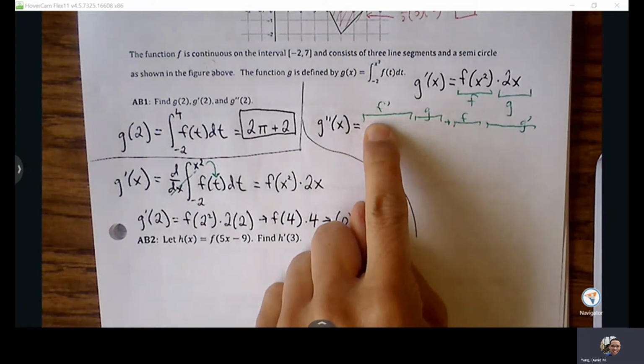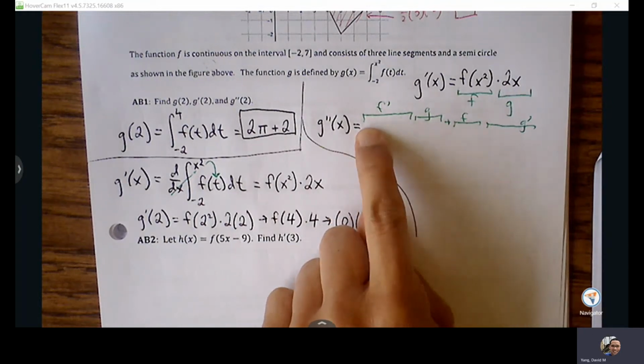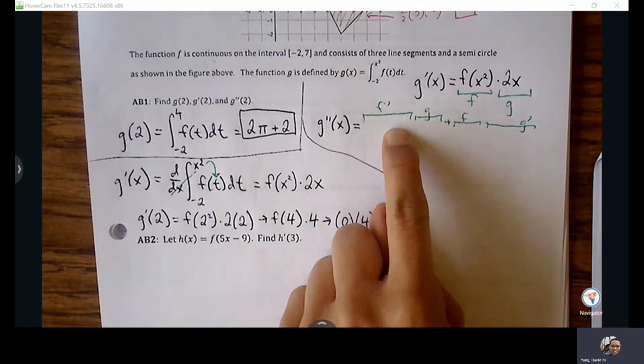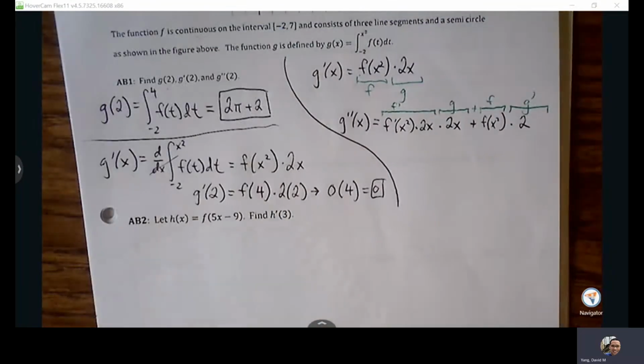Outside's derivative times inside's derivative, f prime of x squared times 2x. Sorry, f prime of x squared times 2x. G, f, and back to g prime.